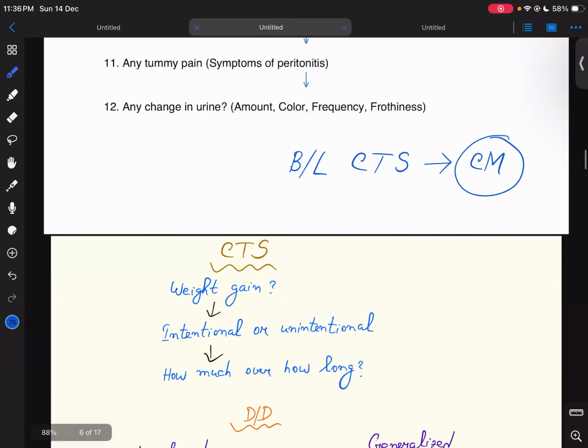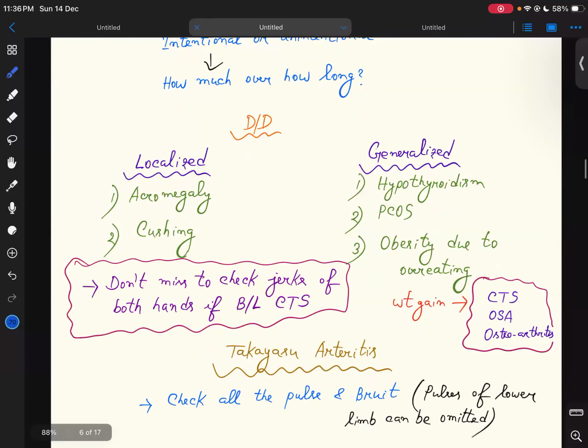That is why in the PACES exam, whenever you are getting bilateral carpal tunnel syndrome, never forget to check the jerks of both hands. If time does not allow, at least check the Hoffman. Only for not checking this, the candidate lost marks in the physical examination section. This is a real example. It happened with Diet 1 at the Dhaka Center. So, whenever the case is bilateral carpal tunnel syndrome, never forget to check for the jerk.